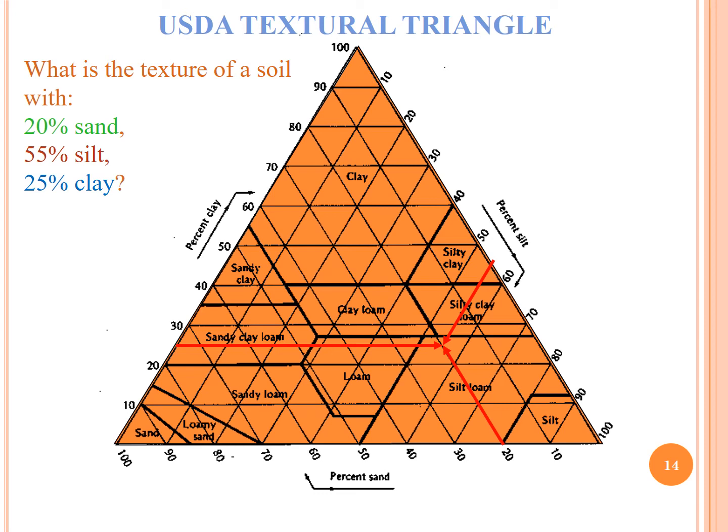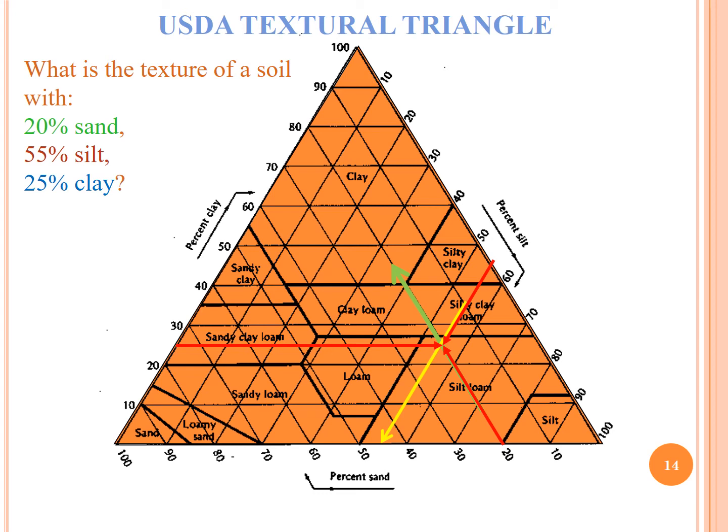So, if we were to find the texture of a soil with 20% sand, we would come right here, and 55% silt, we would come in over here. Now remember, 55 is not in this direction, it's in this direction. You would go down. This is a common mistake people make, is you're used to reading graphs going up.